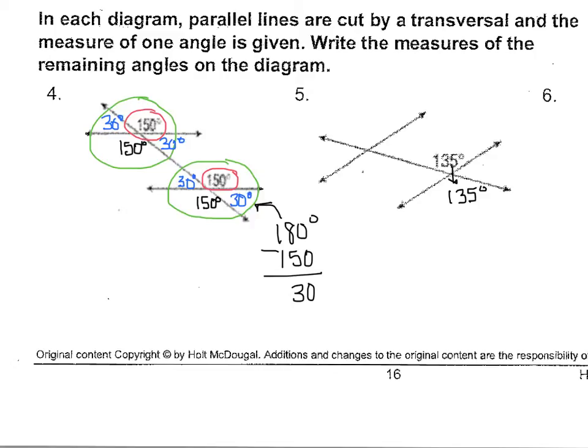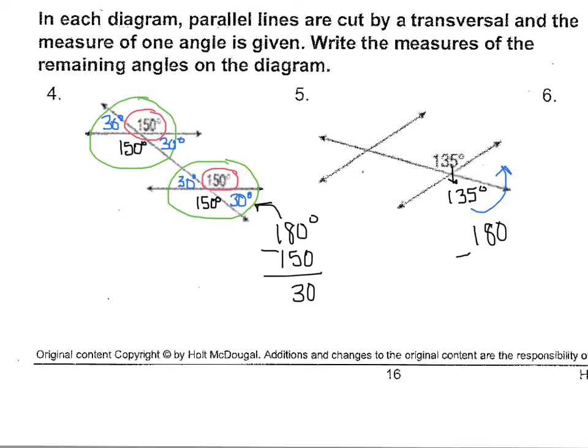I'm going to use my knowledge of adjacent angles to figure out what the acute angle would be right next to or adjacent to 135 degrees. I know that two adjacent angles, their bases form a straight line, and that a straight line has 180 degrees. So all adjacent angles combine to be 180 degrees.